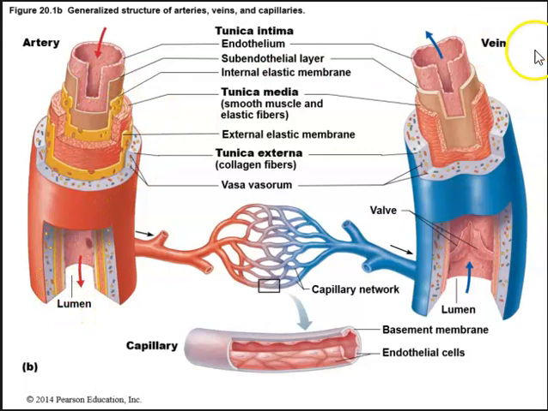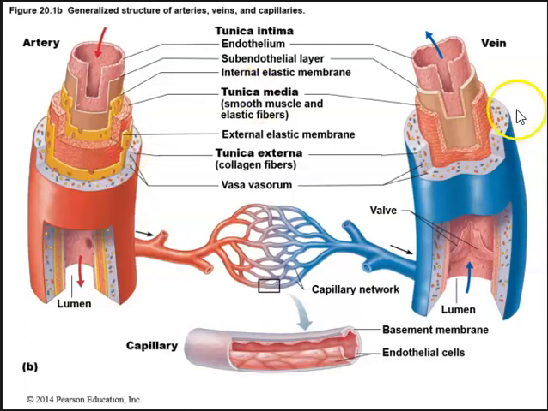Now, both arteries and veins do have the same generalized structure. However, there are distinct differences between arteries and veins, which we'll get into. One of the most distinctive differences, of course, is the thickness of that tunica media, that middle muscular layer. We know that arteries have a thicker tunica media.